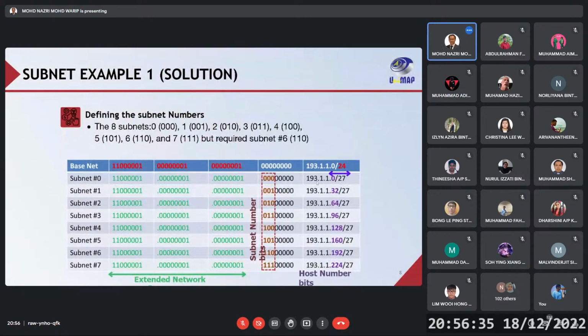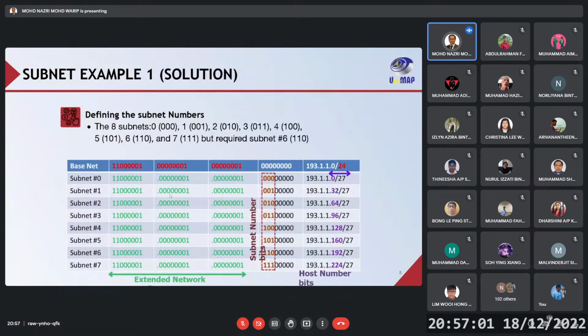We need to start at 193.1.1.1, and normally 1.1.1 is for the gateway, for the router. Let's say for subnet 0. Look at this brown rectangle.